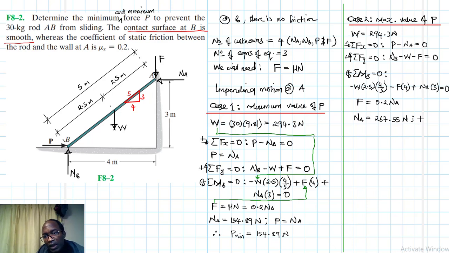Since we know here that our P is equal to NA, therefore P max is going to be equal to 267.55 newtons. So again, this is the maximum force that we can apply at P without causing this rod to slide.